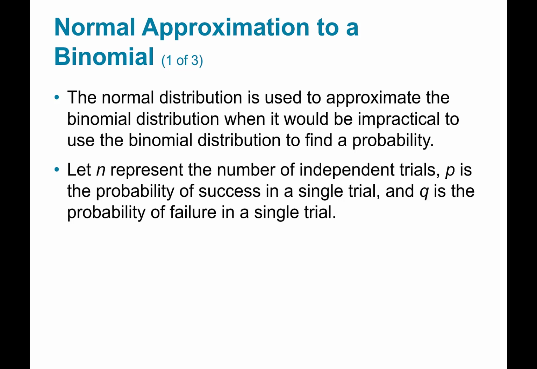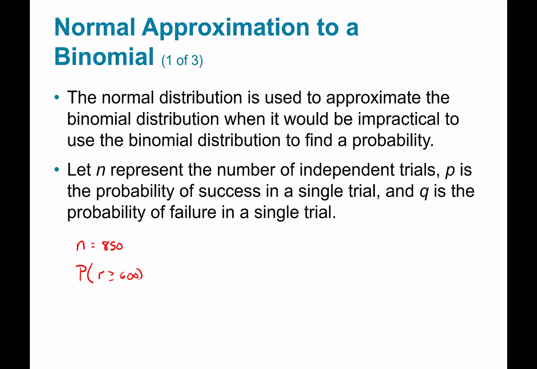Let's say, for example, we had a binomial experiment where n was 850 and you wanted to find the probability that, and in this case I'm going to use r for binomial, the probability that r is greater than or equal to 600, whatever this is defined as success for.